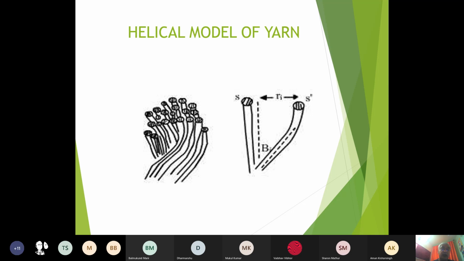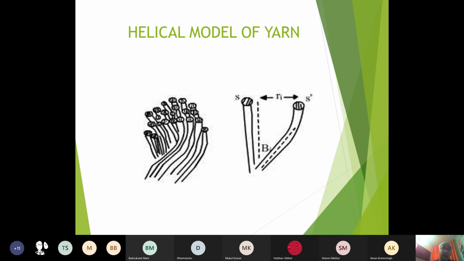If the cross-sectional area of the fiber is S, in this case, the fiber which is placed at this ith position, at the radial position in the yarn, my area will be say S star. And this area will definitely be more than this area.